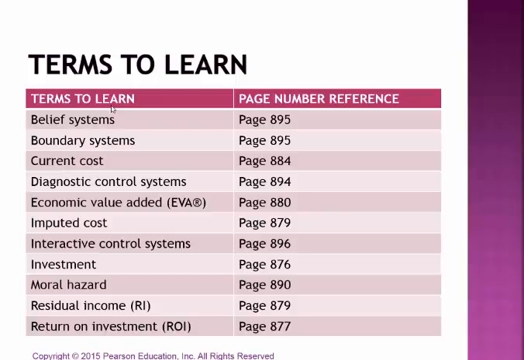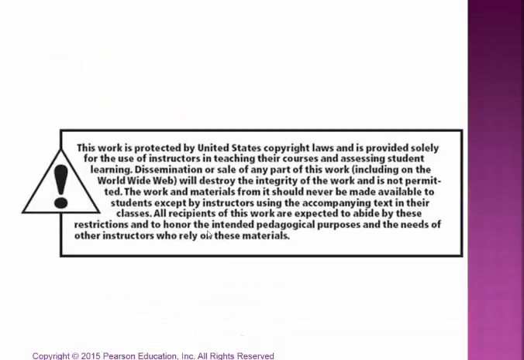Definitely make sure you spend some time on your homework for chapter 23, making sure that you can do all of those calculations, ROI, RI, EVA, return on sales, and that you understand many of these terms and definitions that we see here and what you've seen in the PowerPoint slides.